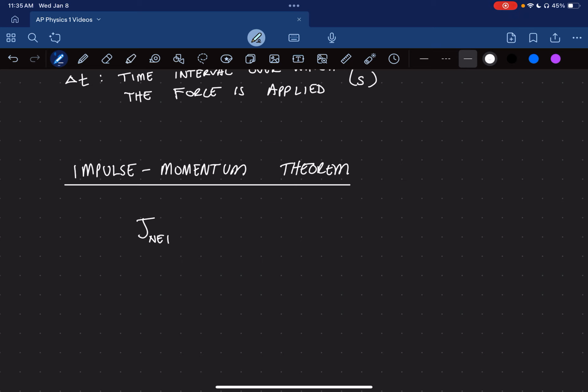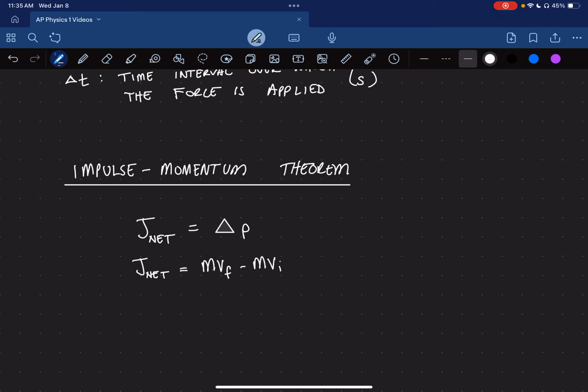The net impulse delivered to an object will equal the change in the momentum of the object. Remember, that's a lowercase p. Now, we're not going to actually use the equation like this. We still won't use this one that I'm going to write here, but we'll need this.